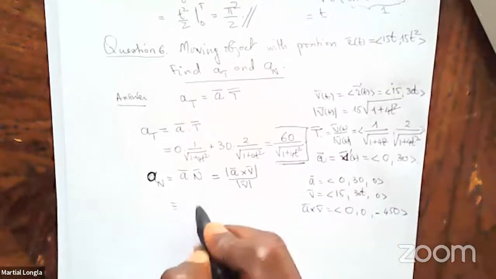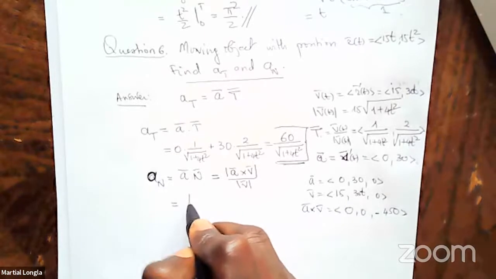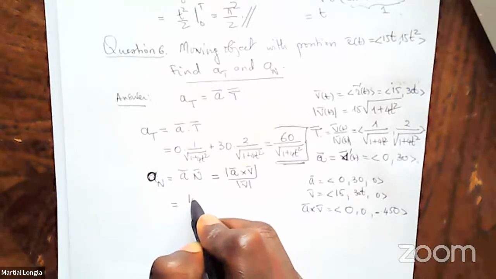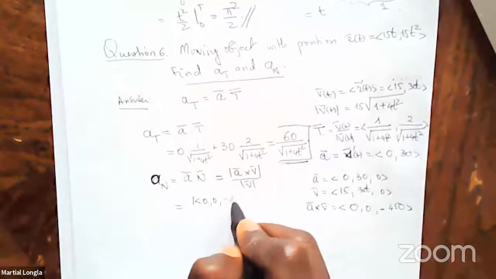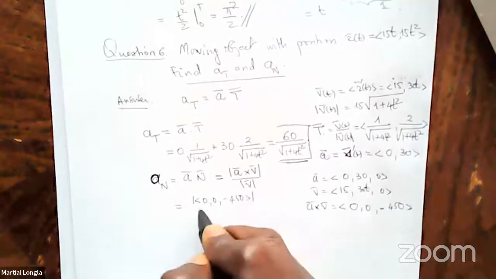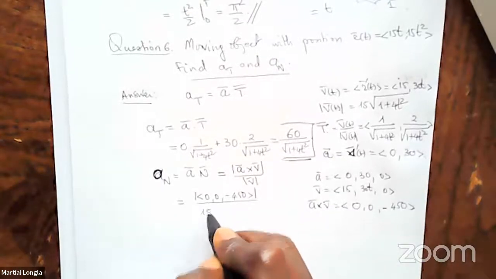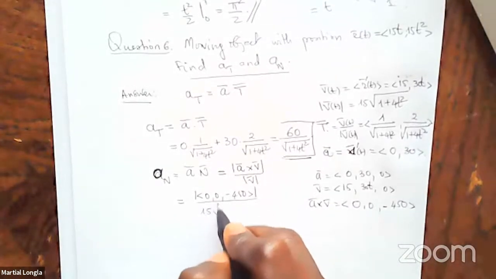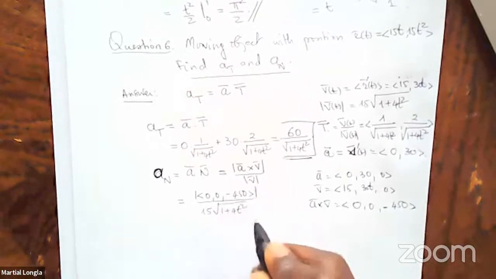And so magnitude of A cross V is absolute value of magnitude of 0, 0, negative 450 over magnitude of V, which is 15 square root of 1 plus 4t squared.